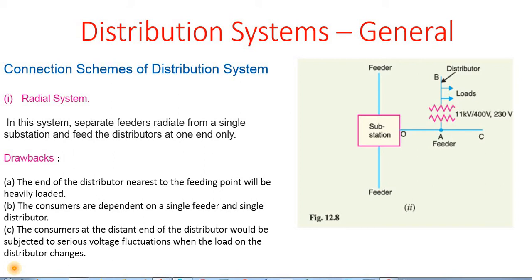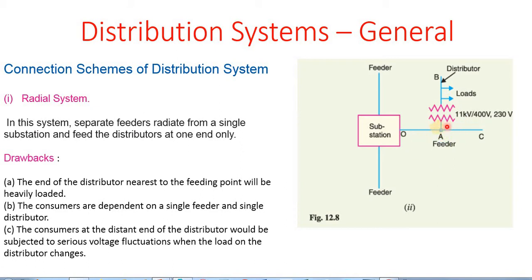In the radial system type architecture, the substation and the feeder are connected radially. It means that only connections are taken away from the substation, and then the feeder is loaded at different distribution points.